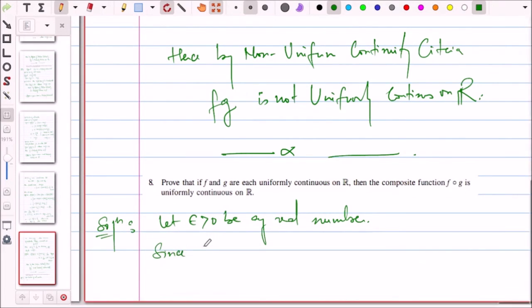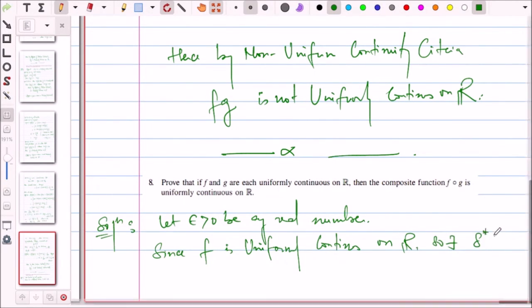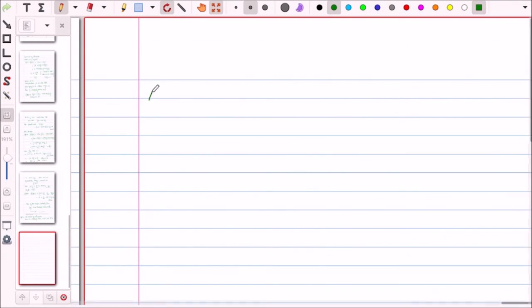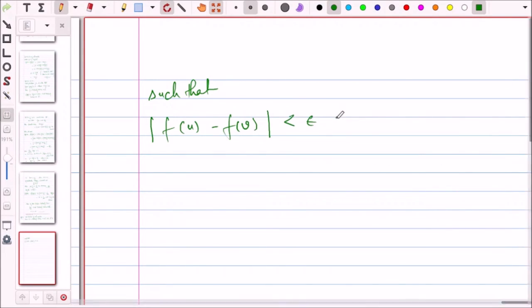Since f is uniformly continuous on R, there exists delta star greater than 0 such that |f(u) minus f(v)| is less than epsilon whenever |u minus v| is less than delta star. Mark it as A.